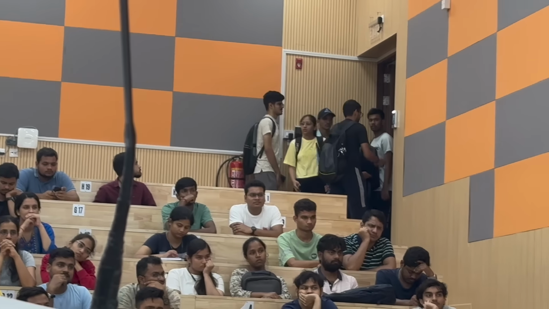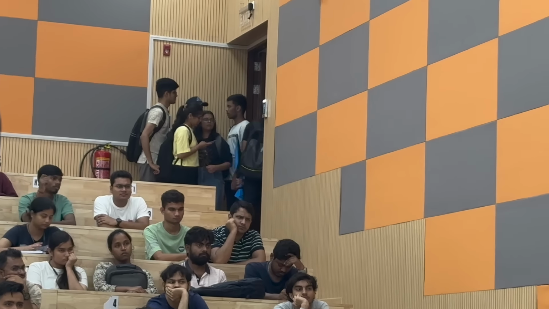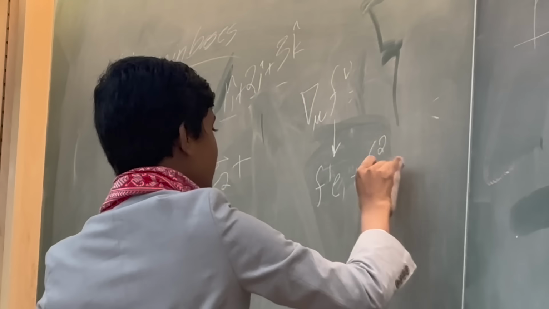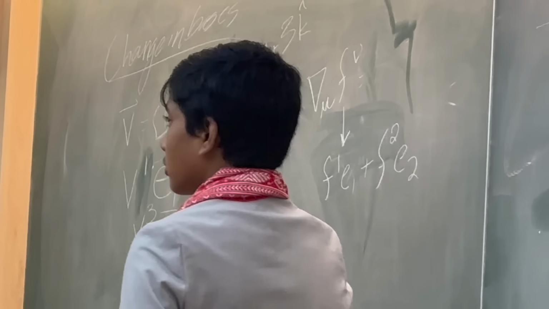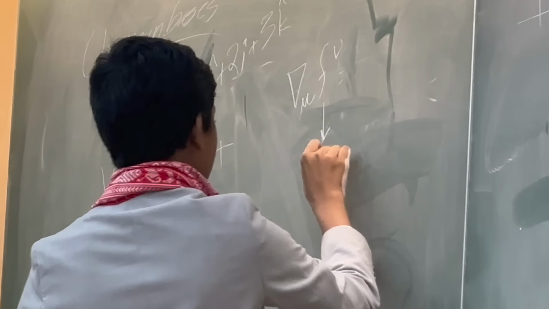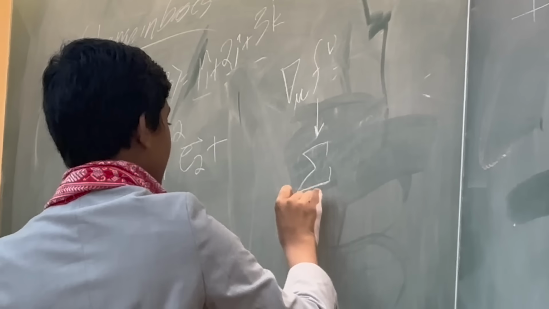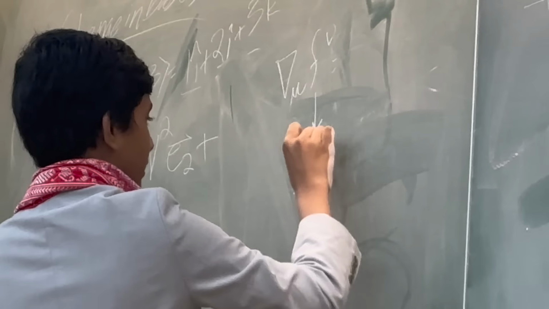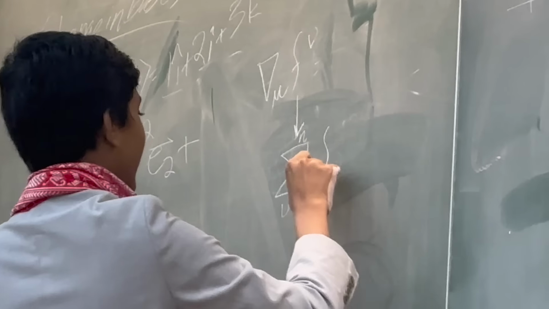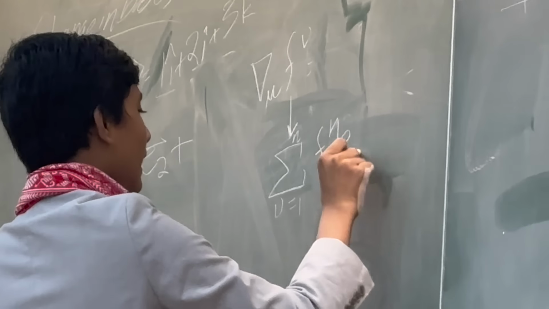So via the product rule, we're going to write this as f1 e1 plus f2 e2 and so on and so forth. So in this case, it's going to be the sum over v equals 1 to n of f^v e_v.